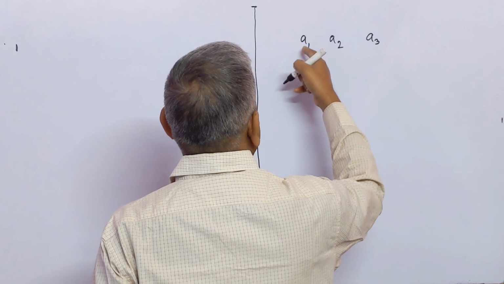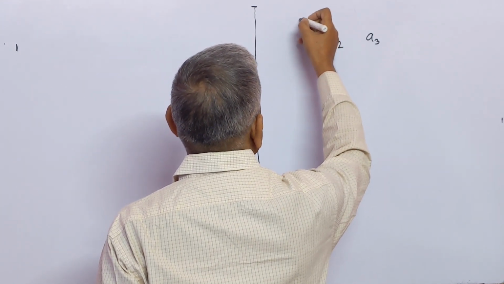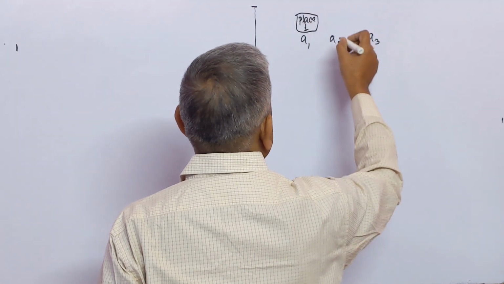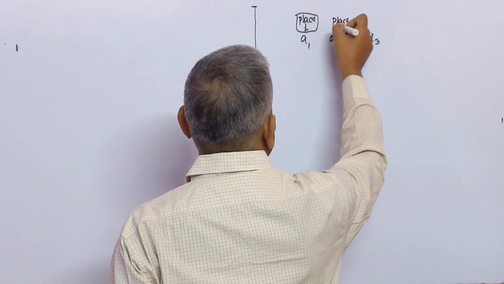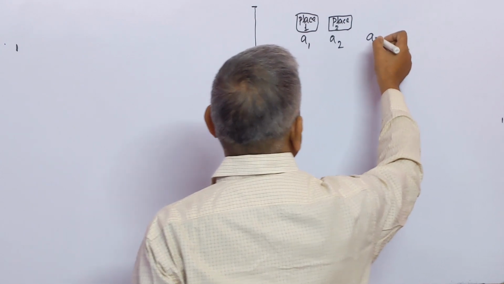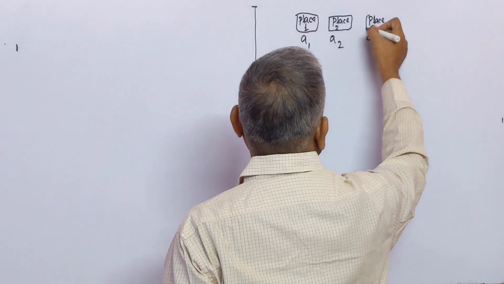The original place of A1 is place 1. The original place of A2 is place 2. And the original place of A3 is place 3.